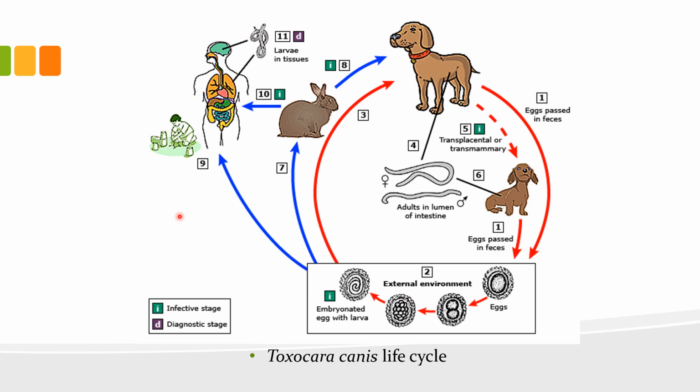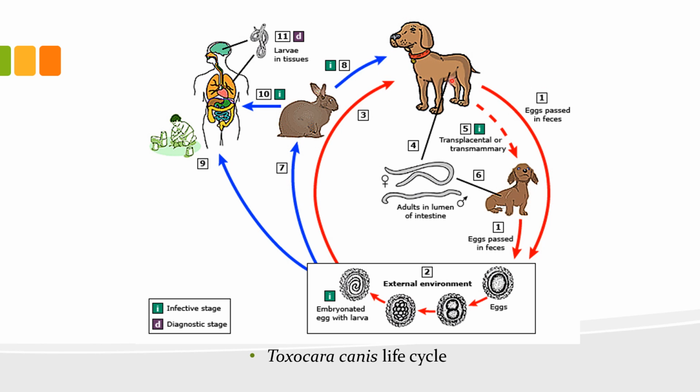So this diagram here represents the life cycle of Toxocara canis. At one part of its life cycle, you can see that there is the transplacental and transmammary transmission of the parasite. And this happens between the dam and the offspring or the puppy.